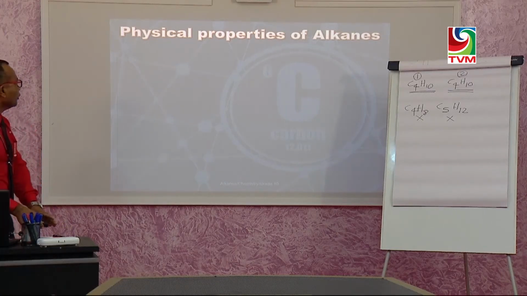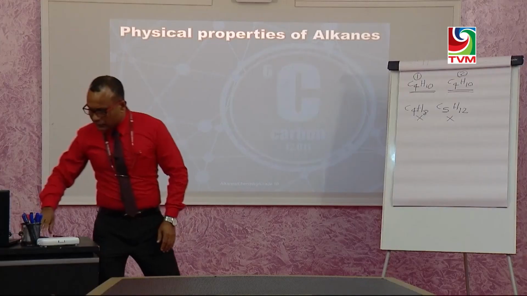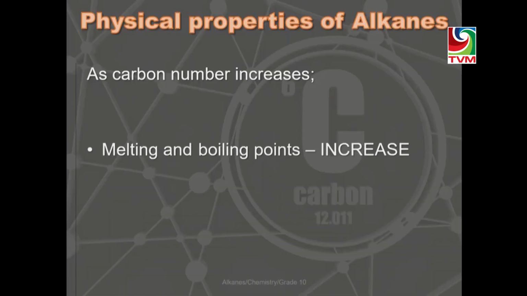We are moving to the next part of the lesson. It is about physical properties of alkanes. These are the properties which can be reversed. The properties which cannot be reversed are called chemical properties. In the previous lesson, you studied physical properties of alkanes, and the change in trend. We will see whether these physical properties are following these trends.